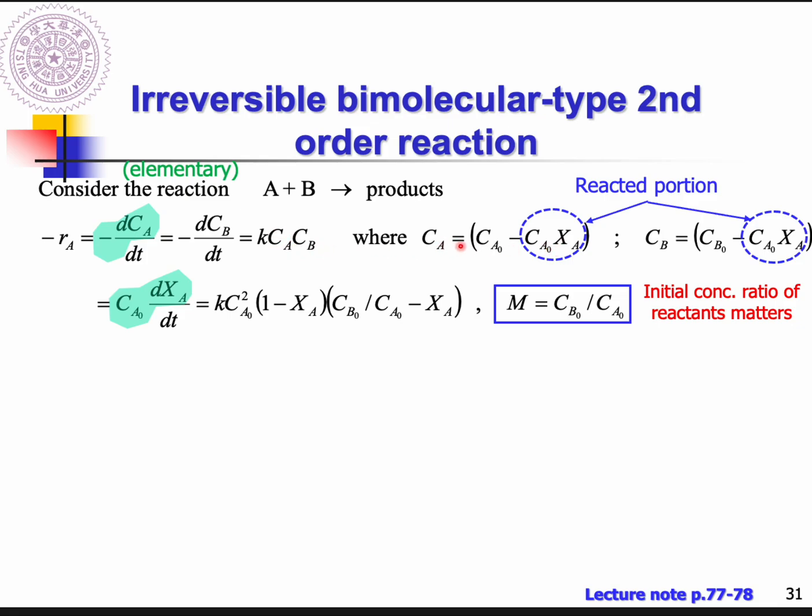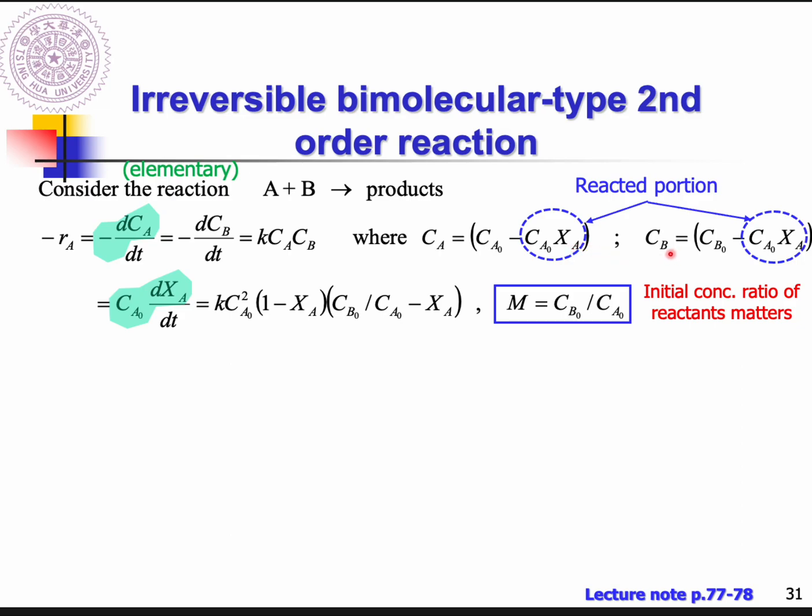CA can be expressed as the value before the reaction happens, CA0, minus CA0 times XA. XA means the fractional conversion of reactant A, right? So you subtract the reacted portion, and the remainder is the remaining reactant A.